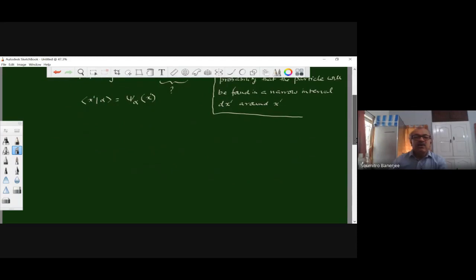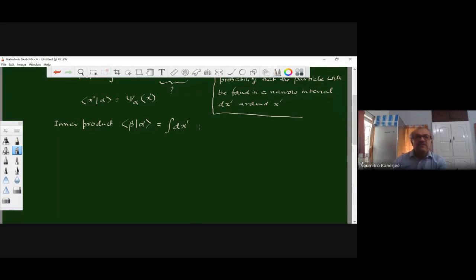Then we also did the inner product, say beta alpha. This is evaluated as an integral, again with dx prime.